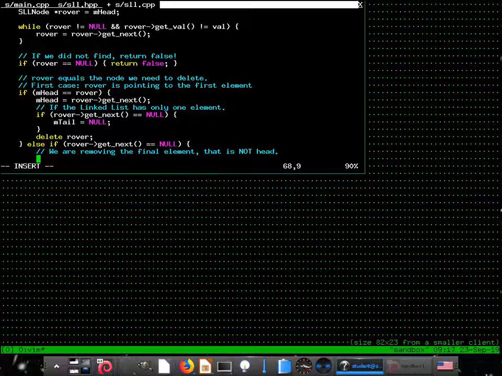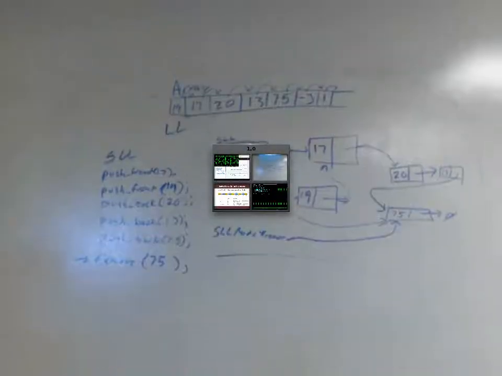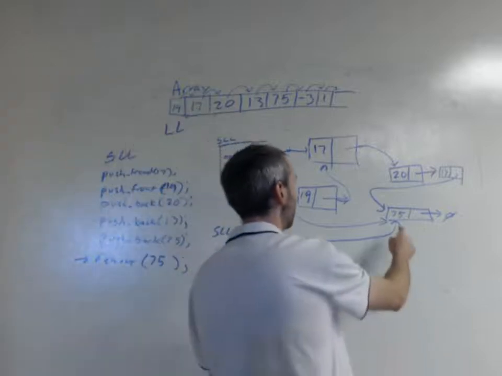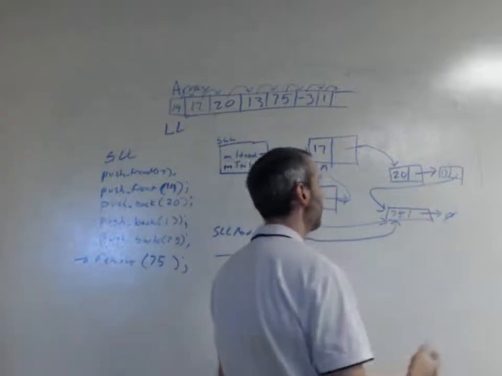How are we going to do this? You make the element before point to null. Right, so we want this guy to point to null, but can we get to the previous from here? Make it go back. Instead of a get next, make it go back one.